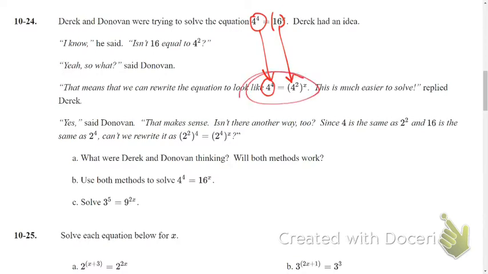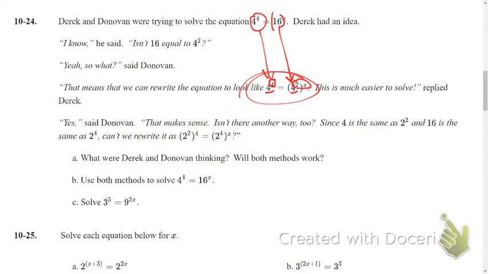So he said this is much easier to solve. Okay, so take a look at that. If you've got 4 to the 4th equals 4 to the 2nd to the x, well, recall at one point a while back when we talked about logs briefly, logarithms. I said if things are the same base, okay, they both have a base of 4, we can just basically ignore it and say the exponents are equal.